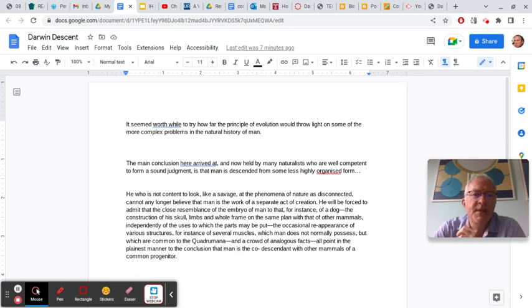He will be forced to admit that the close resemblance of the embryo of man to that, for instance, of a dog, the construction of the skull, limbs, and whole frame on the same plan with other mammals, independent of the uses to which the parts may be put, the occasional reappearance of various structures, for instance, of several muscles, which man does not normally possess, but which are common to the quadrumana, and a crowd of analogous facts.